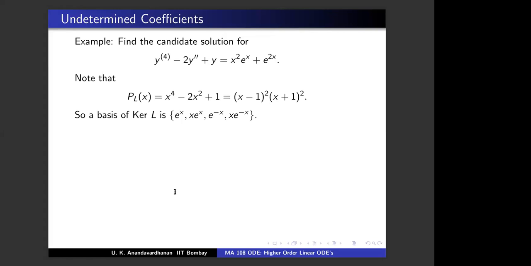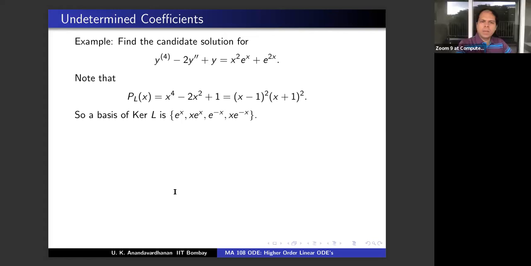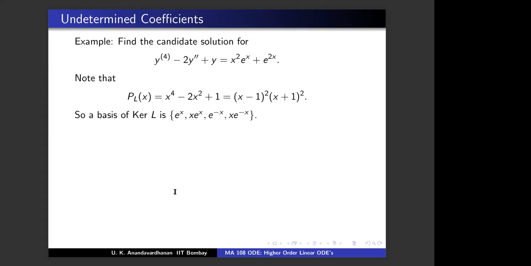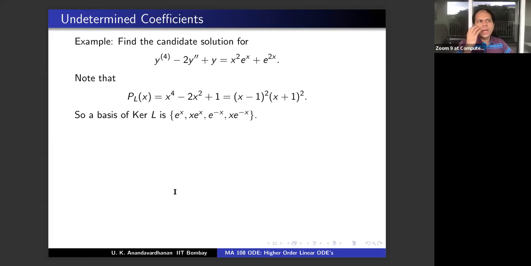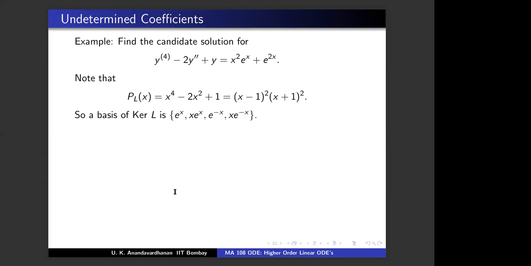But first of all, can such a thing come? Can you think of a constant coefficient ODE where x e power x is coming and e power x is not coming?